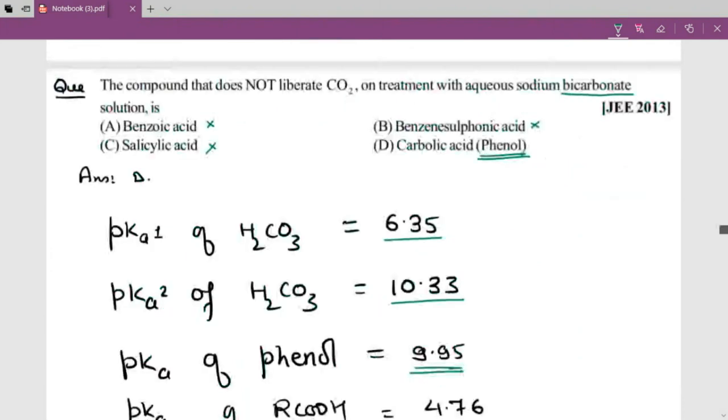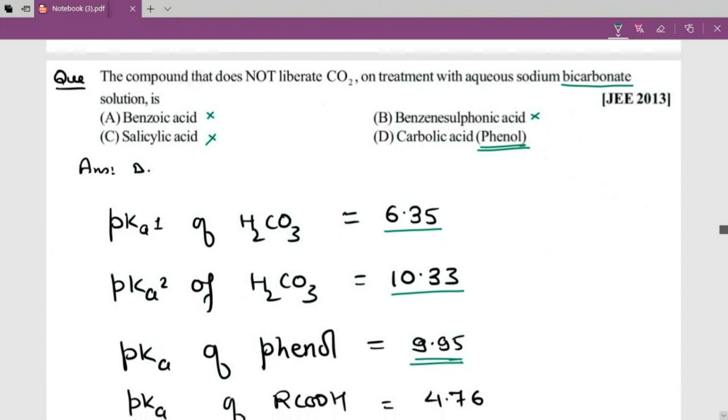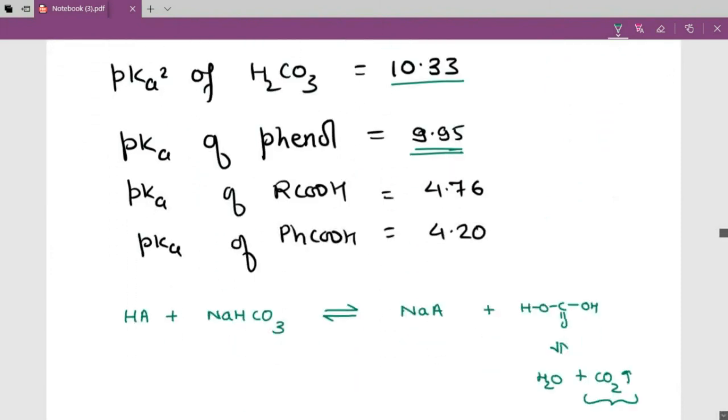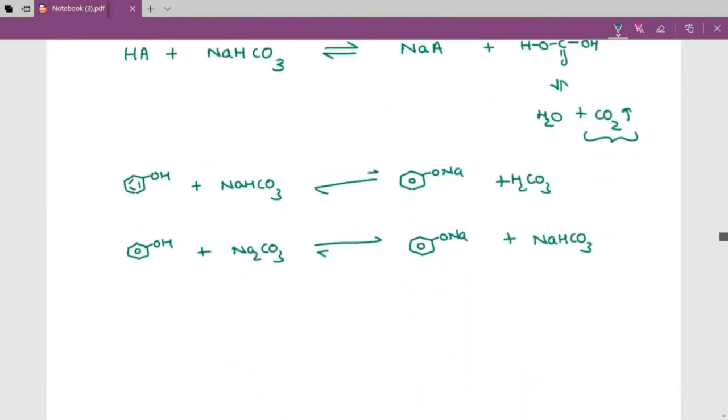Because the second dissociation pKa of H2CO3 is 10.33 and phenol's is 9.95. So this is a lower pKa, more Ka, making the equilibrium go forward.